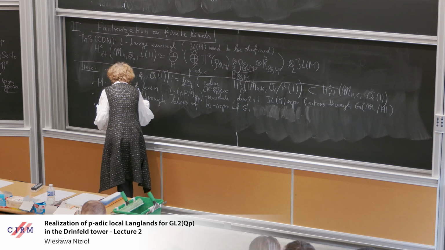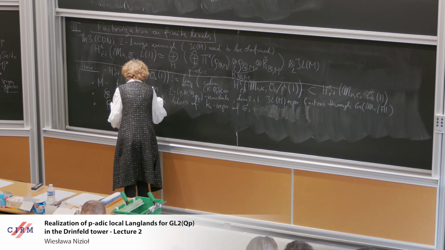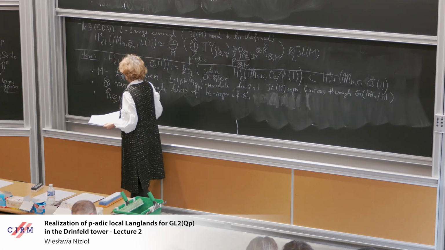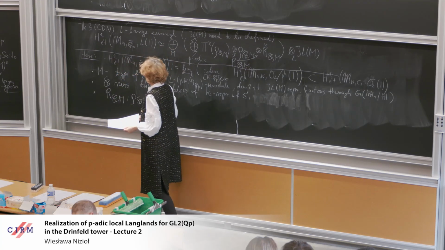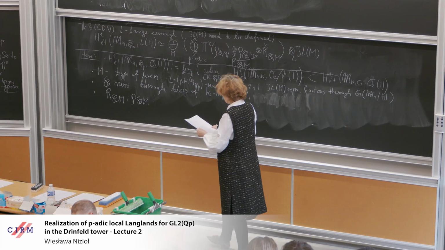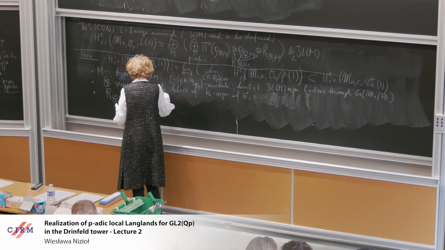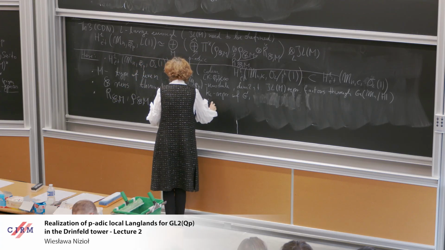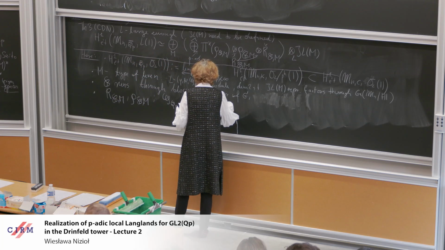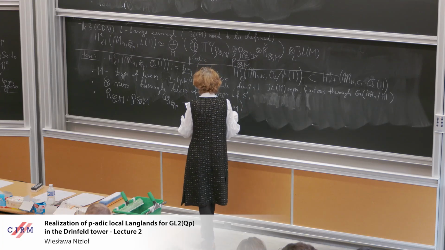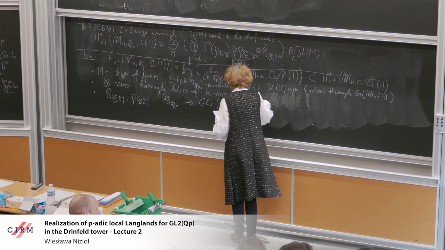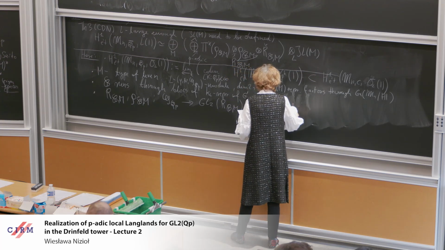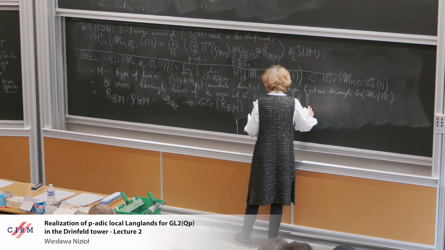So B n. R is going to be a deformation ring, and rho is going to be the universal Galois representation corresponding to this deformation ring. So we have GL2 R, Bn, so universal deformation ring.